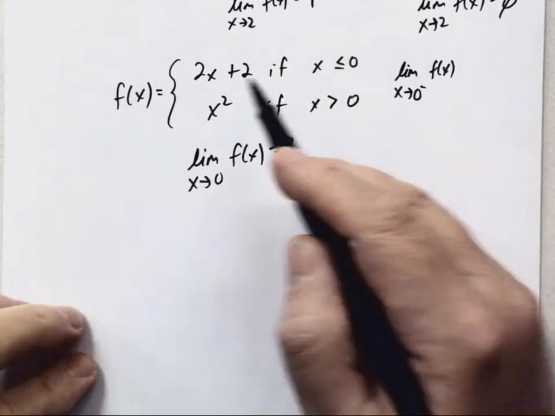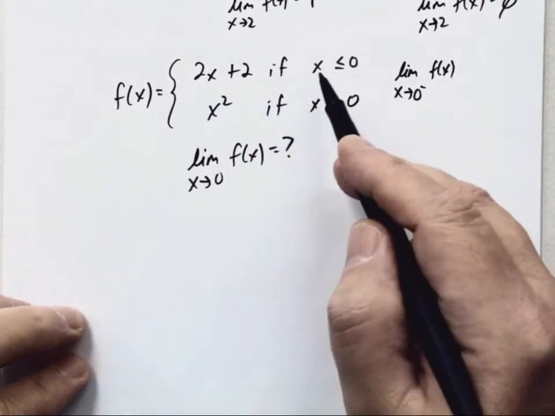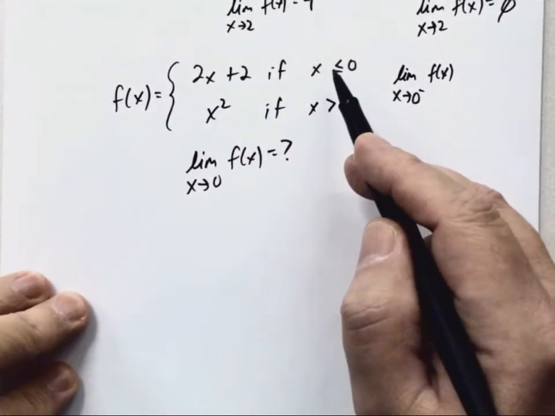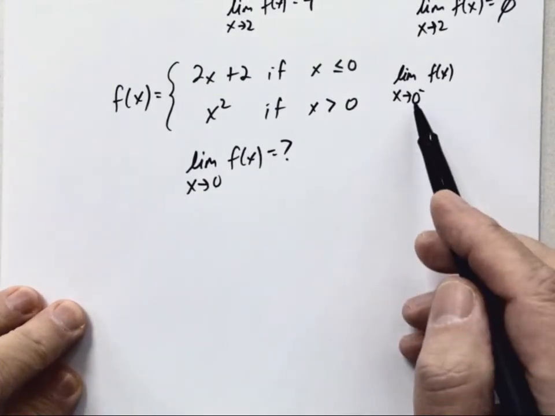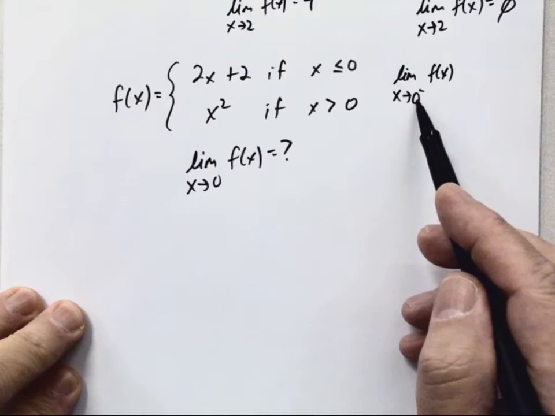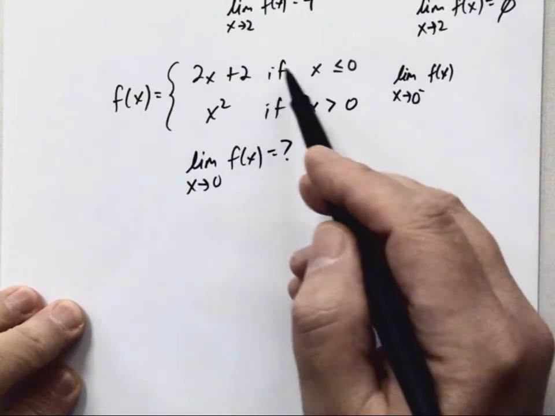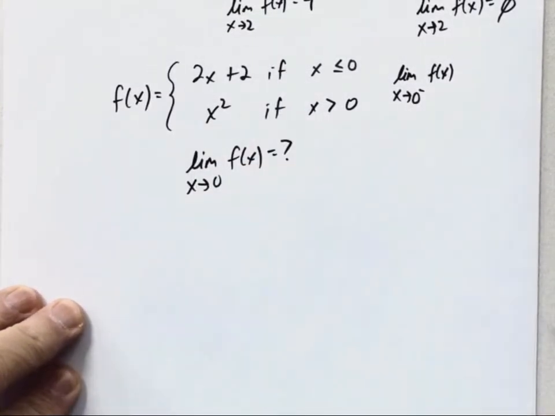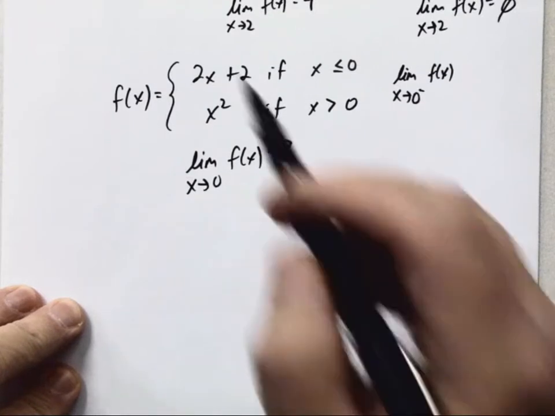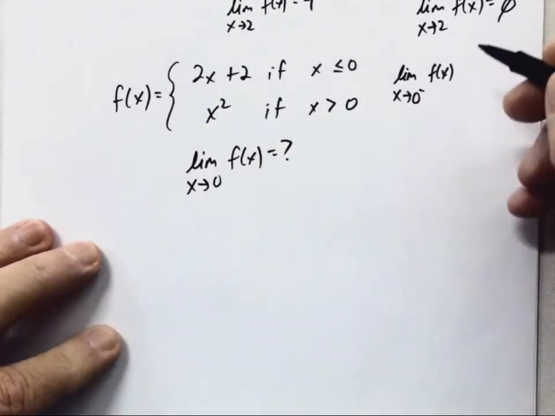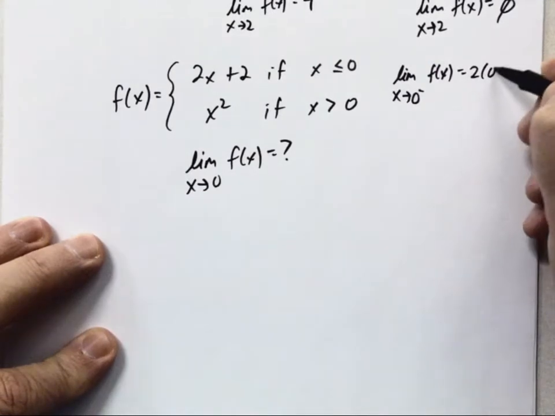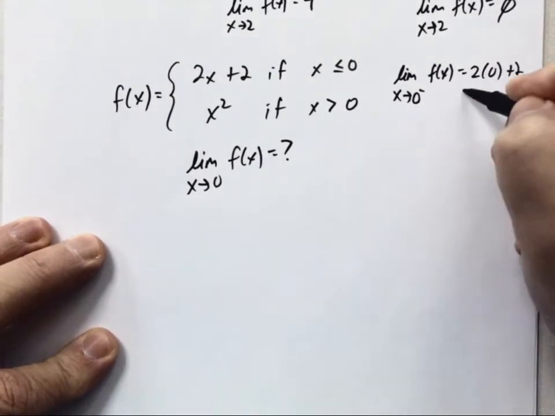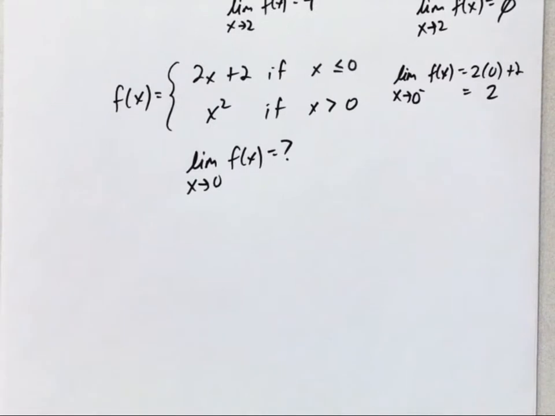And then we look here and we realize this first function is what's used if x is less than or equal to 0. Well, that's what it means to approach 0 from the low side. So I'm going to use the first function. I'm going to plug in 0. So I'm going to plug in the number for x, and you get 2.